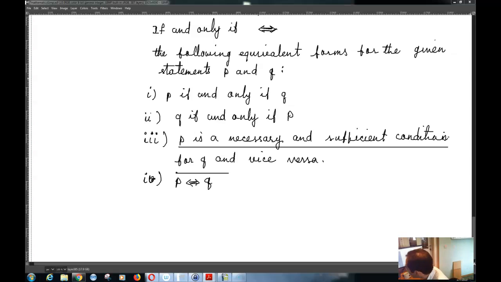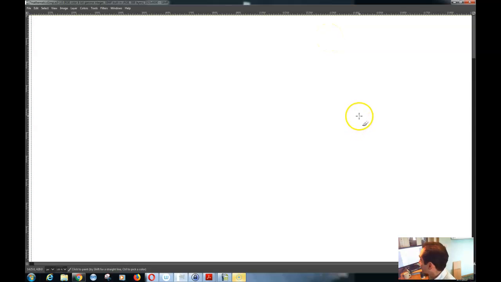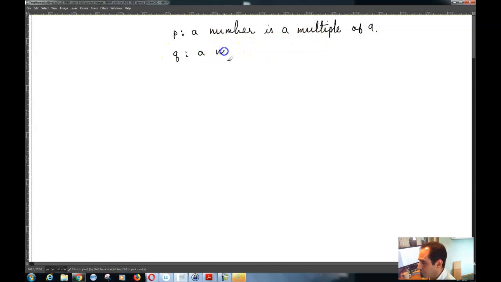We said that basically we had two statements: the statement P was a number is a multiple of 9, and Q, a number is a multiple of 3.